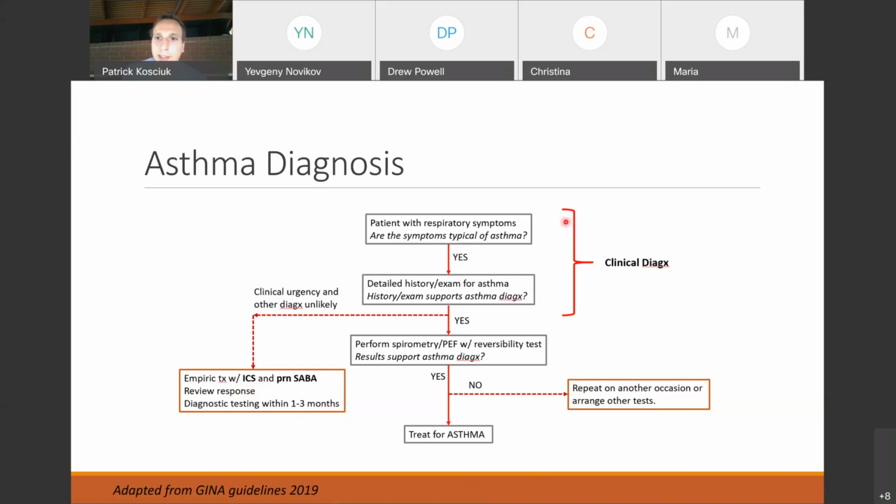Again, this is the whole idea of a clinical diagnosis without confirmation. Typically in the past, we've just given them albuterol as needed, but now we're trying to make it more defined to start with this ICS. I think it's very important to start with a low dose ICS. Inhaled corticosteroid is what that refers to.